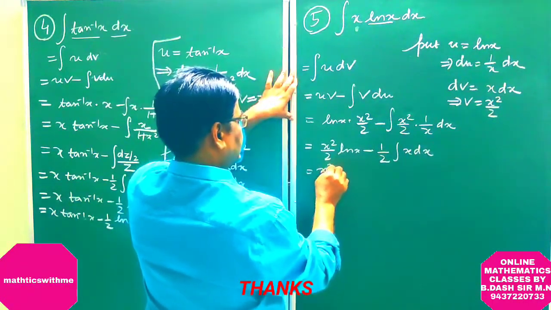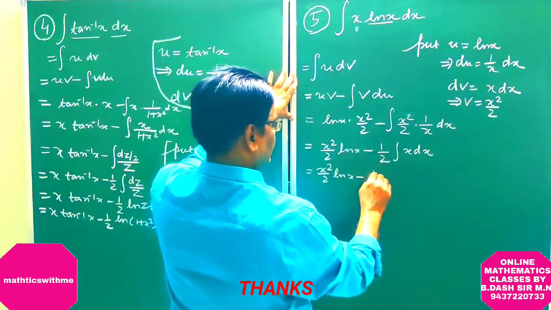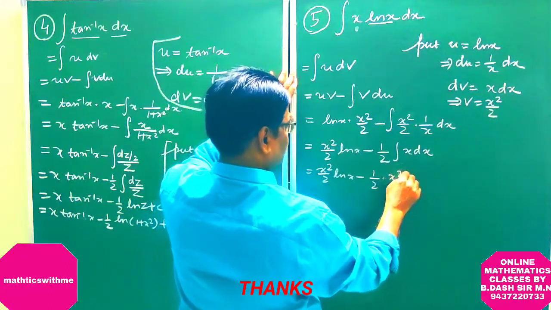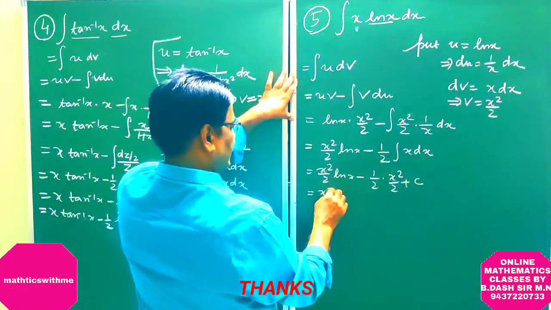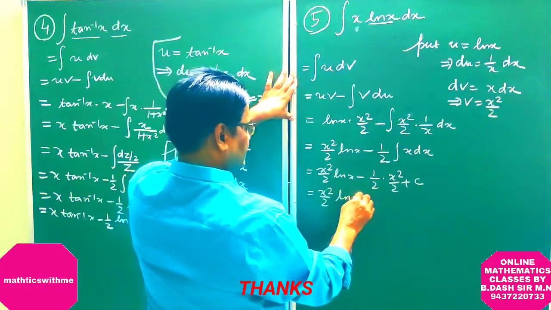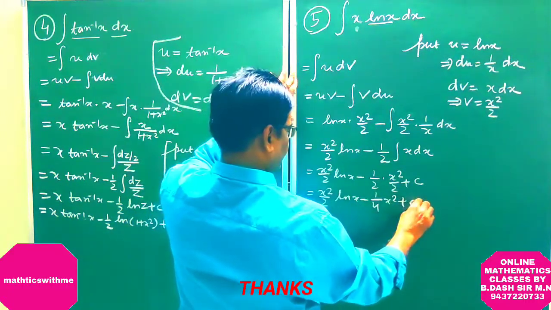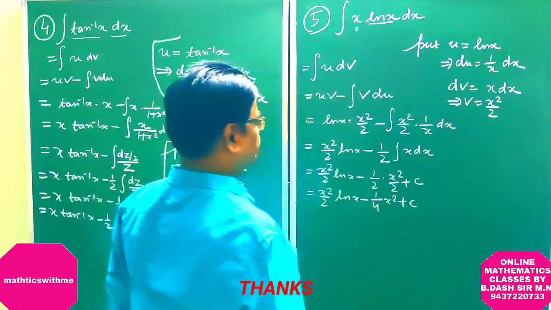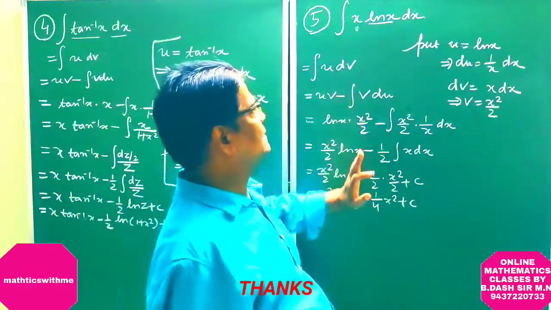This is x square by 2 ln x minus 1 by 2 times the integration of x, which is x square by 2, plus c. This gives x square by 2 ln x minus 1 by 4 x square plus c.